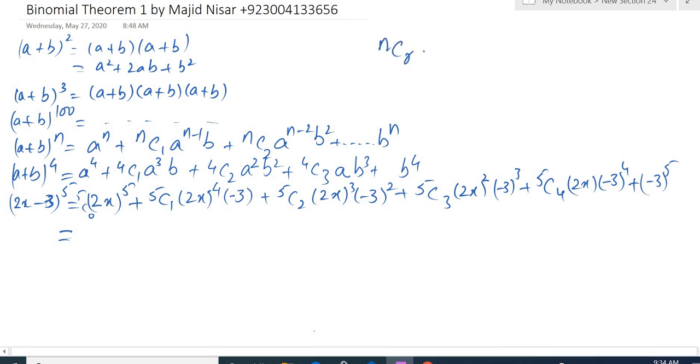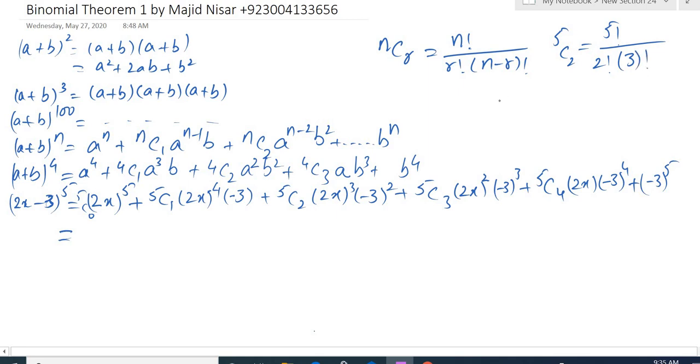So nCr is equal to n factorial over r factorial into (n minus r) factorial. So for example, 5C2 will be 5 factorial over 2 factorial, because r factorial, into n minus r, that means 5 minus 2, that is 3 factorial, right?